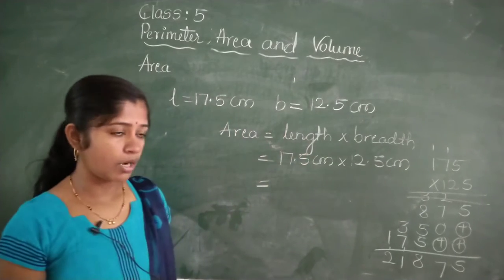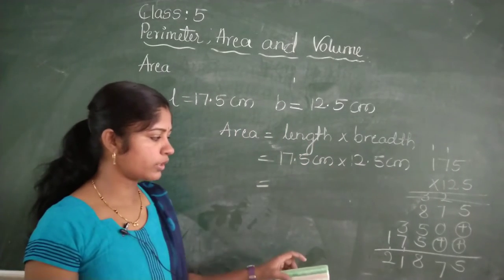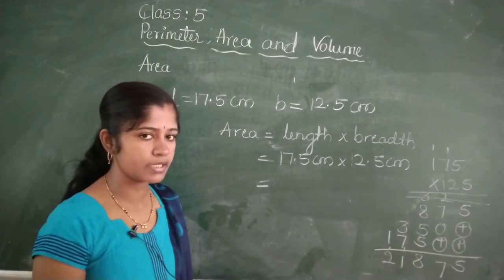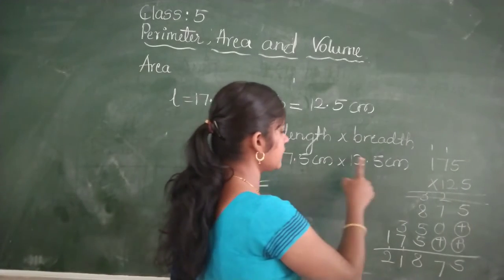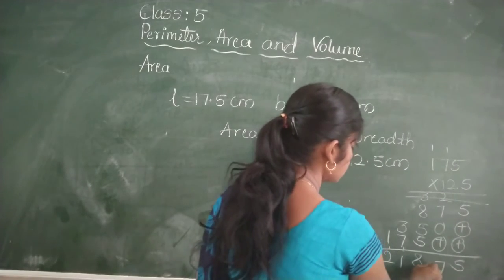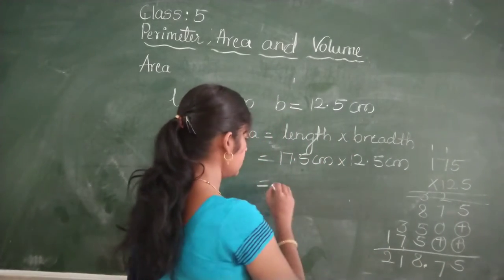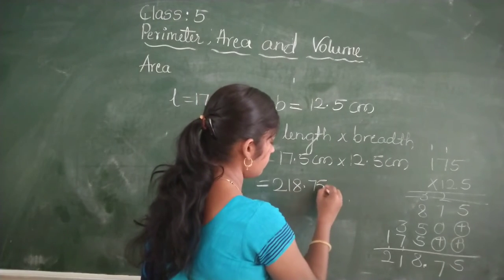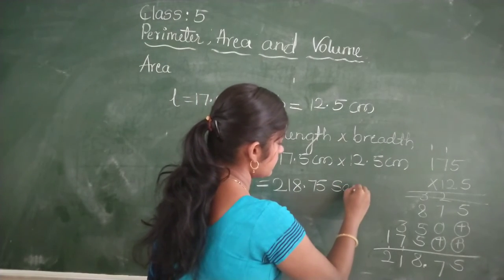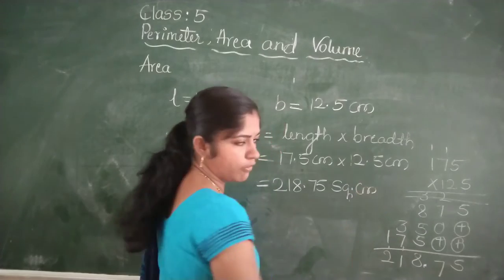Now you have to consider the points. Don't write 21,875, because here 2 points are there. After 1 digit here and after 1 digit here, that means after 2 digits the point will come. Here you write 218.75 square centimeter. Got it?